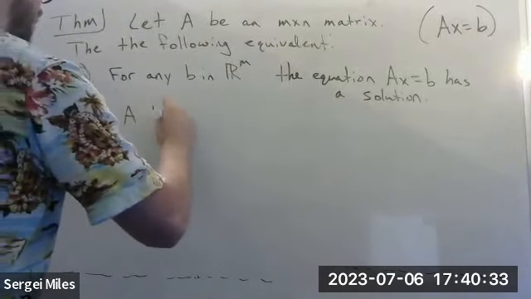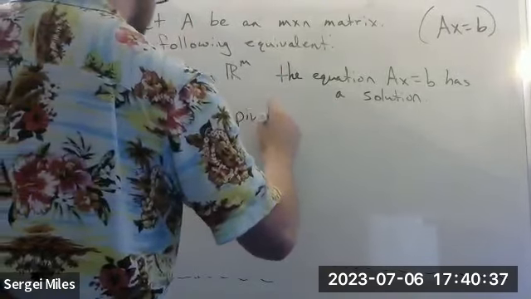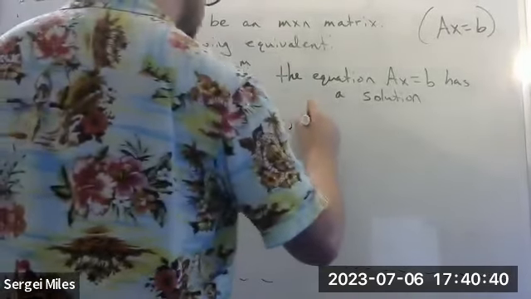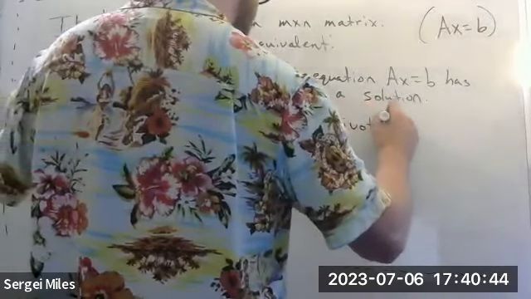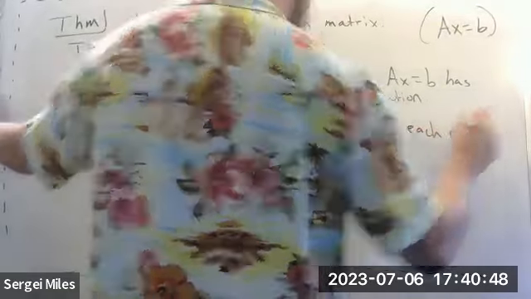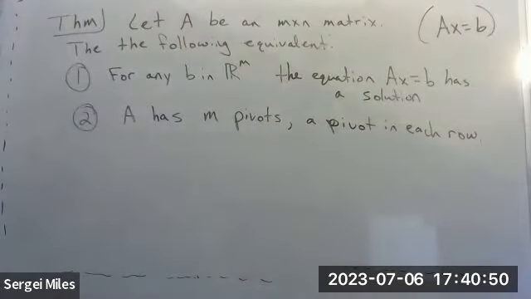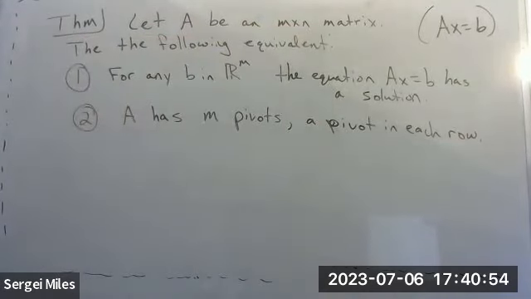A has m pivots, a pivot in each row. Now, this does highlight a key point where depending on m and n, the dimensions of your matrix, that might tell you right away whether or not those column vectors span the entire space.